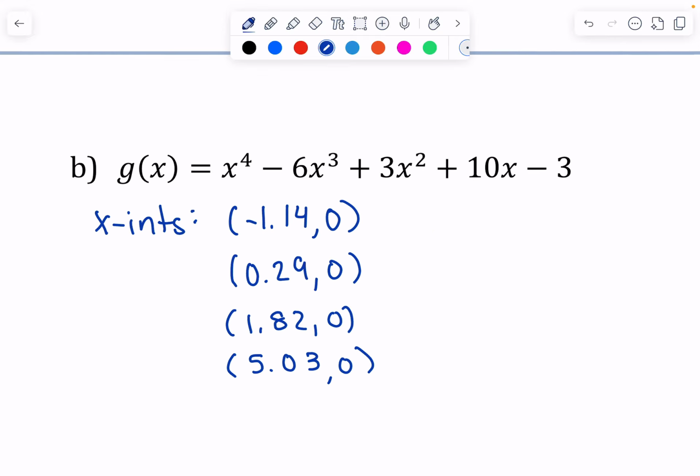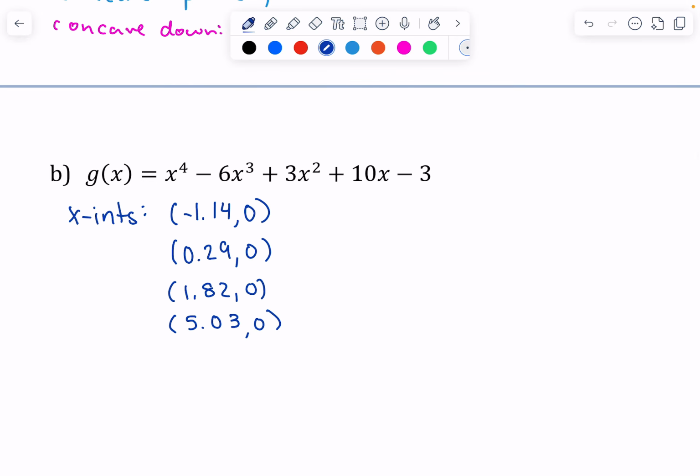Okay, now, with that information, I'm going to go straight to doing positive and negative because the x-intercepts are what I use to describe the positive negative intervals. So the function is going to be positive at the very beginning, so from negative infinity until negative 1.14.